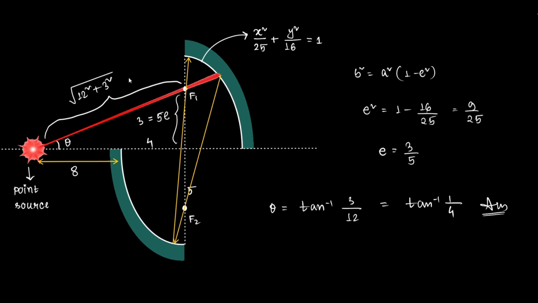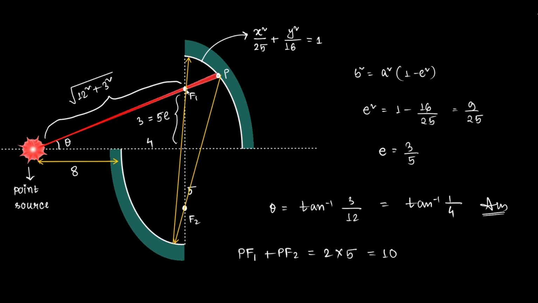Now I think you know this property also, that if you take any point P on the ellipse and join it to the foci, then PF1 plus PF2 is equal to twice the length of the semi-major axis, that is 5, so it is 10.